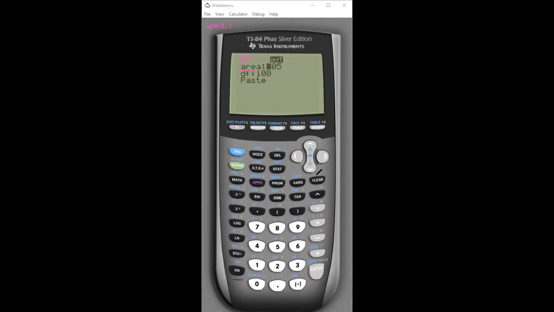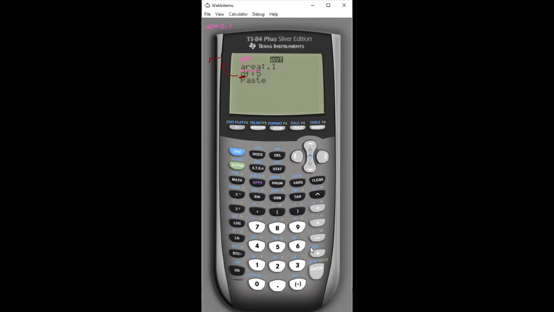So what you do here, you clear this out. So area is 0.1. Then what is my degrees of freedom here? It's n minus 1, right? I have a 6, so it's 5.